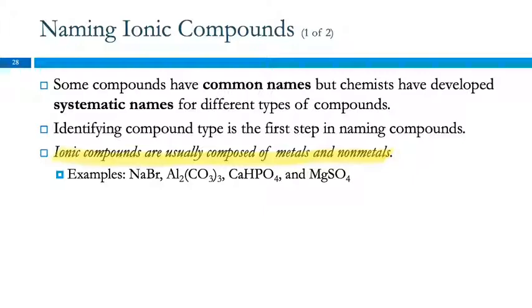And so here we have examples. Usually looking at the first letter in the formula will tell us what kind of compound it is. So Na, we find on the periodic table, it's a metal, ionic. Aluminum, a metal, ionic. Calcium, ionic. Magnesium, a metal, ionic. Okay. The one exception is the NH4.